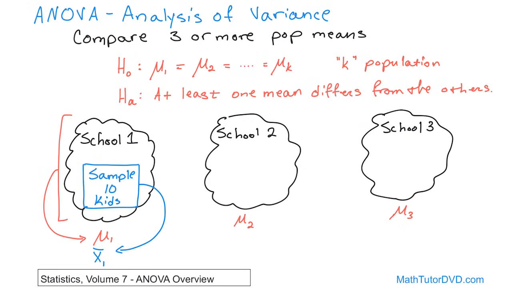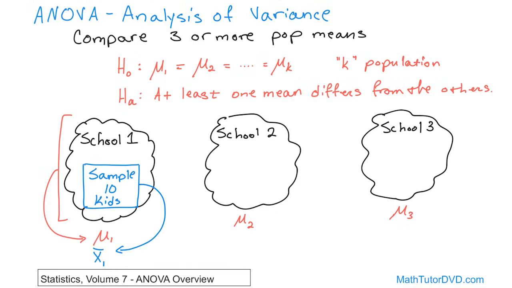That means I've taken a fixed number of people from the population, and I've measured something, whether it's IQ, test scores, height, weight, whatever. That's the sample mean, which is not the truth compared to the population mean, which is really what I want to know, but I can make some inferences with a sufficiently large sample size. 10 kids is probably not big enough, but anyway. And then I calculate a sample mean, X bar number 1.